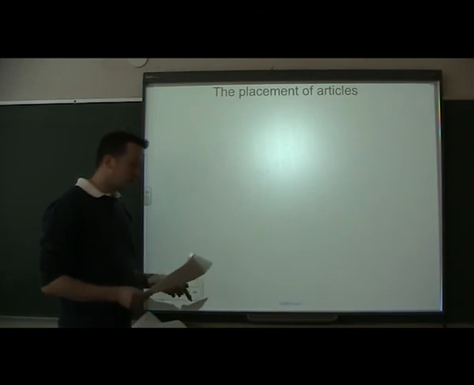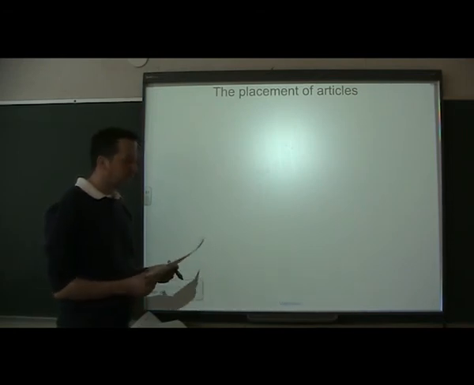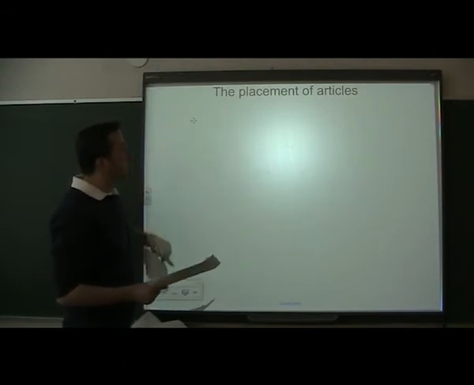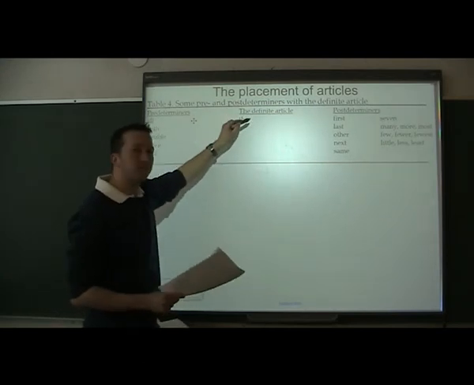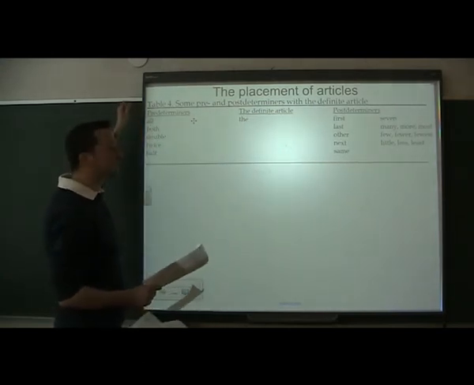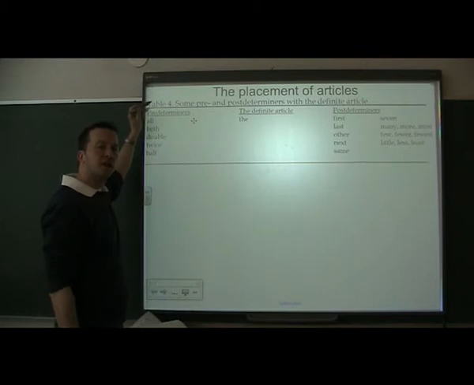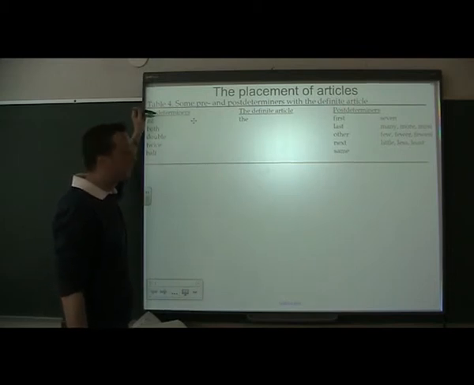Articles are called modifiers or determiners. The definite article appears here, and there are some predeterminers, words that occur before the article, and these are all, both, double, twice, half.